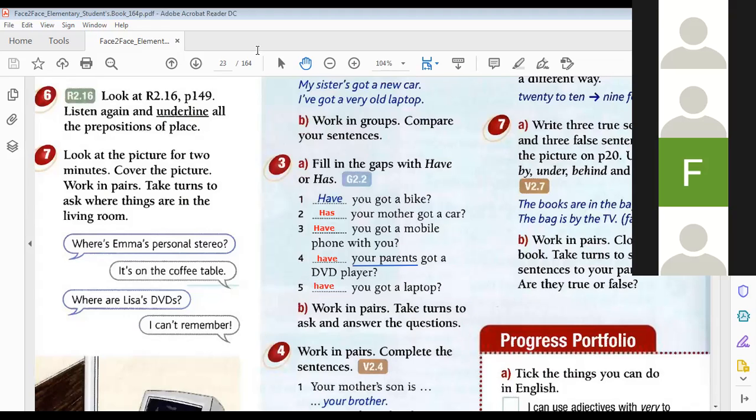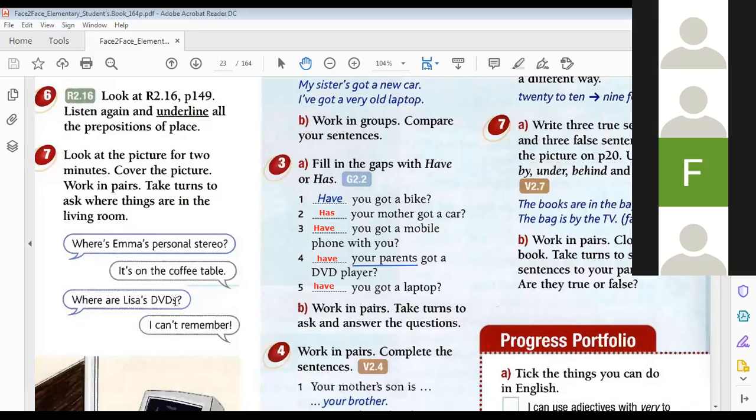Okay. Now it says here, take turns to ask and answer these questions. So let's try to do them together here. Okay, Manal, you can ask Media the first 2 questions.